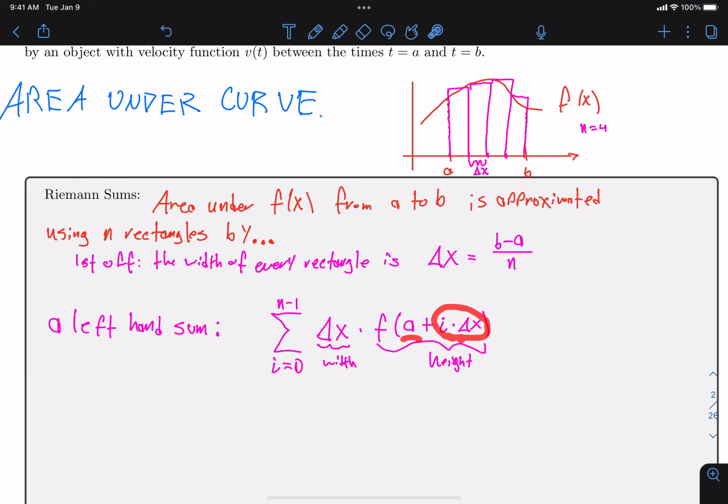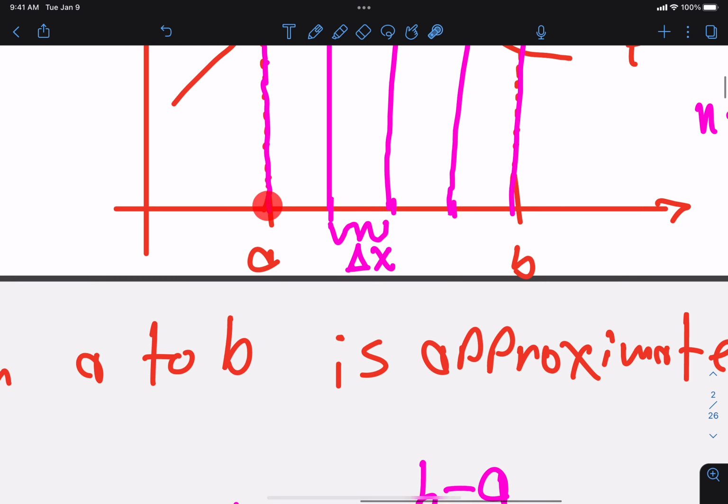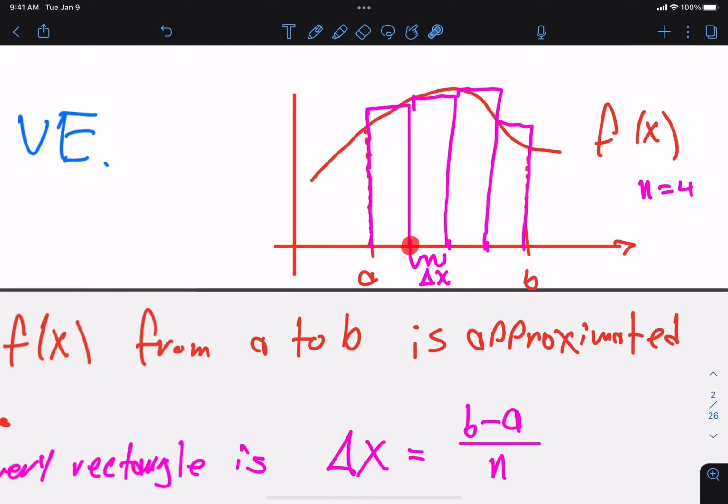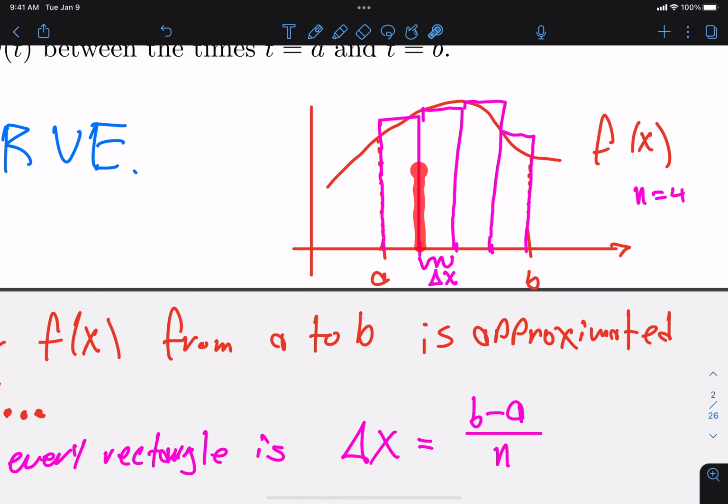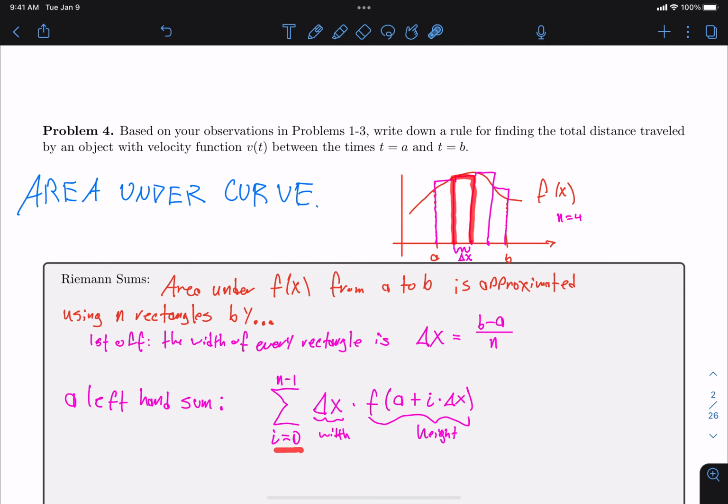That takes our x value from a to this point, and the height of the function at this x value gives us the height of the second rectangle. Then i will be 2, and we will do f of a plus the width of 2 rectangles. That will take me from a to here to here. And then what should the height of the third rectangle be? It should be the height of the function on the left side of that subinterval.